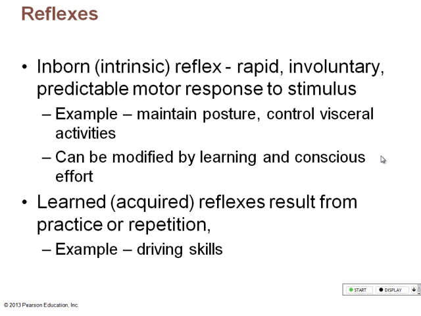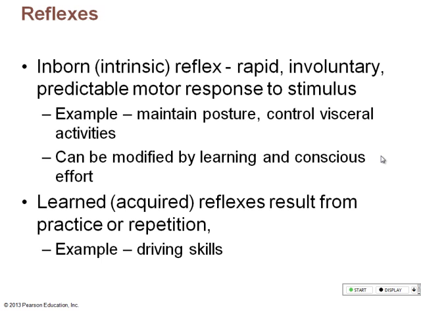Reflexes can be modified by learning and conscious effort. So if something's coming at you very quickly, you can modify your movements if that happens over and over again. Like a boxer or like a tennis player, right? So things are coming at you quickly.